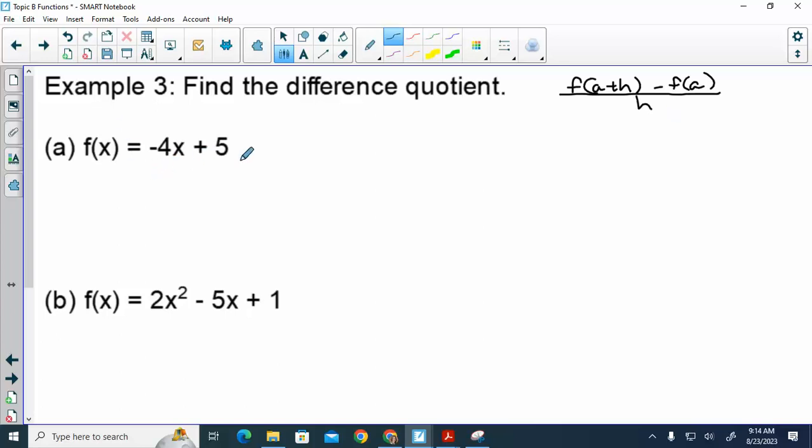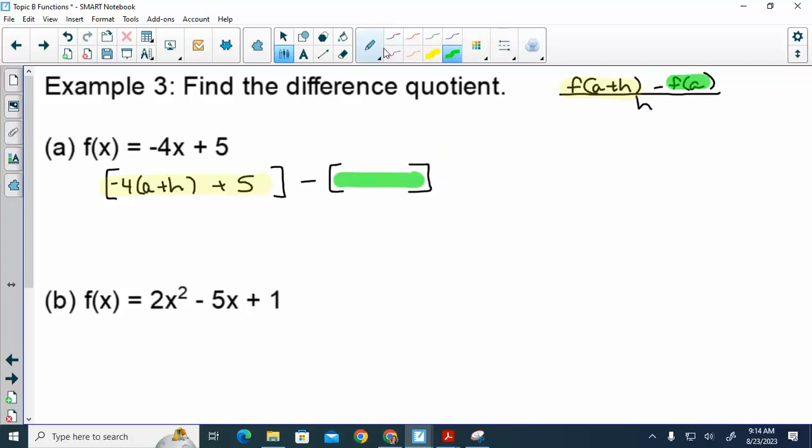So, first thing I need, f of a plus h. So I have to plug a plus h in for my x. So that's this piece. Minus f of a.